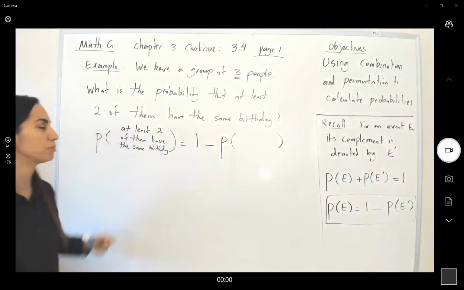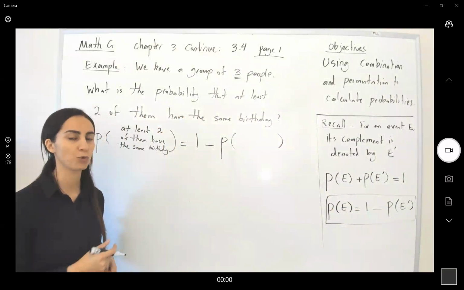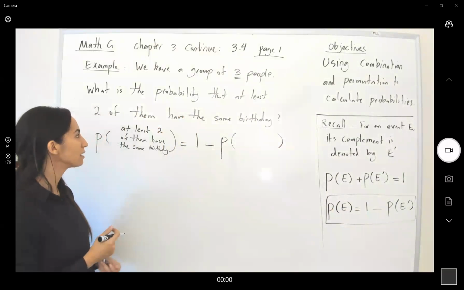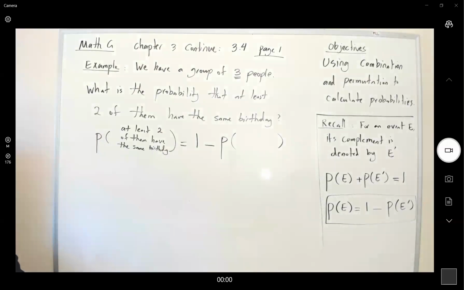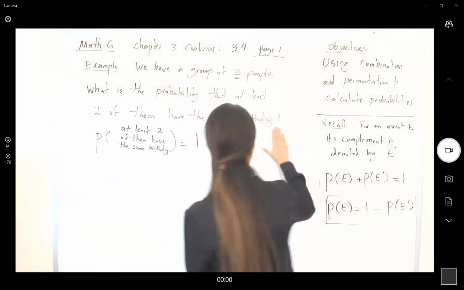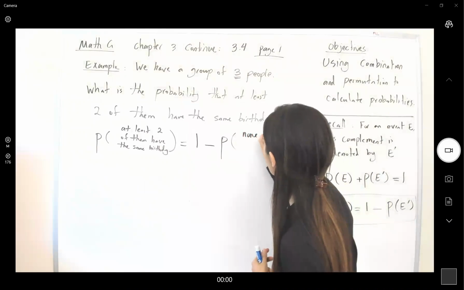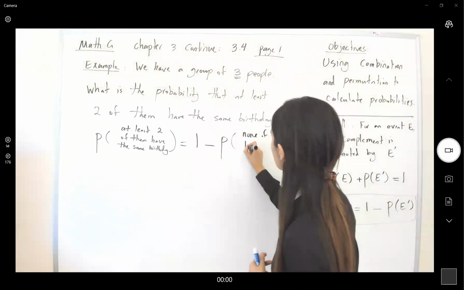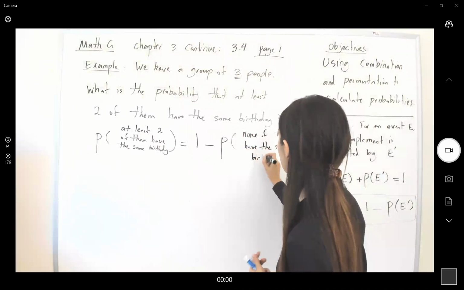So what's the complement of at least 2 having the same birthday? The complement is none of them have the same birthday. So what's the meaning of that?